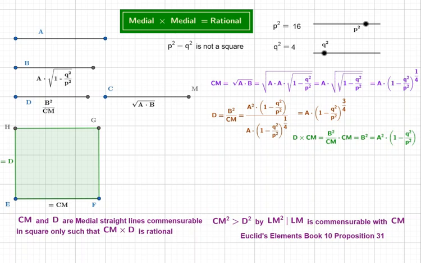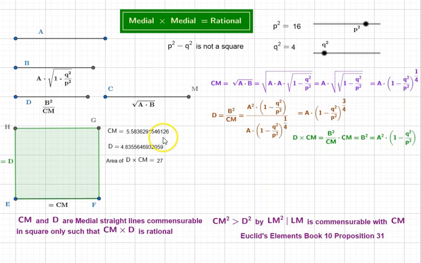Now, if I had just shown you these values, CM is equal to this and D is equal to this and D times CM is equal to this. Yes, D times CM, we could have said it is a rational number.